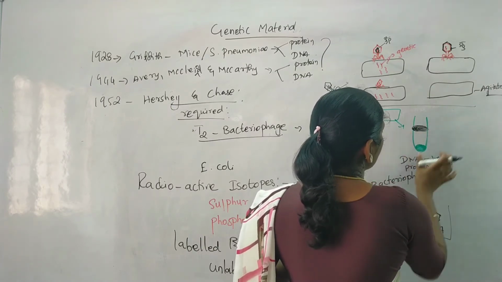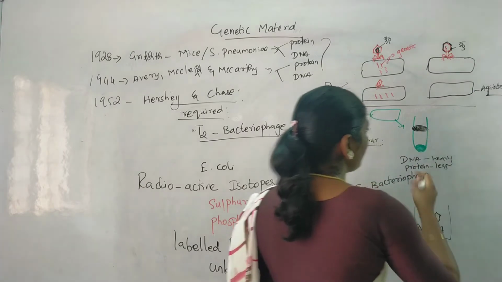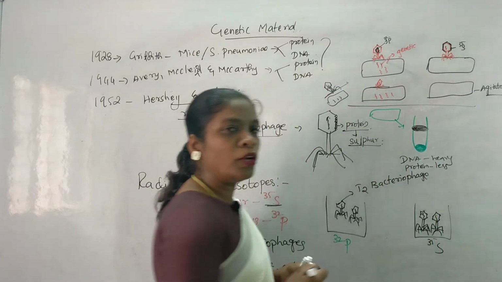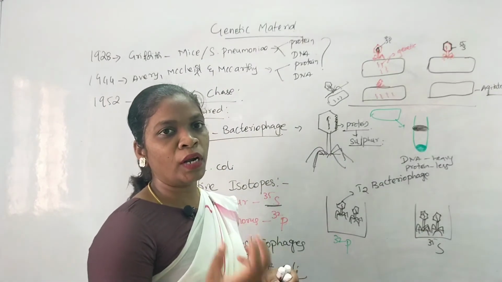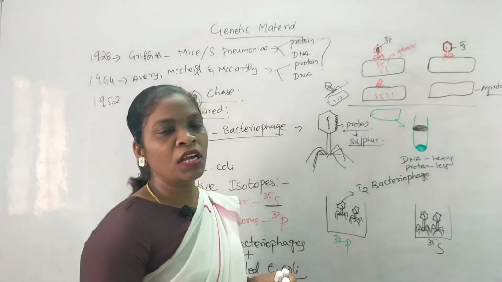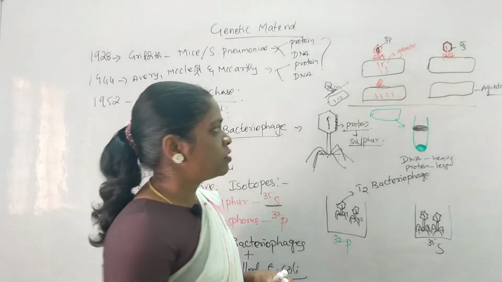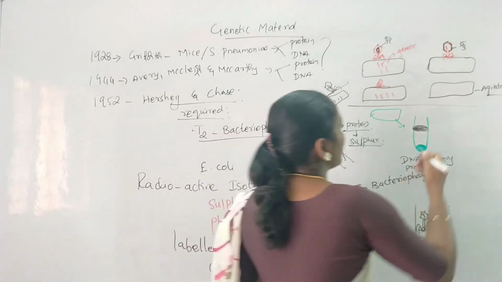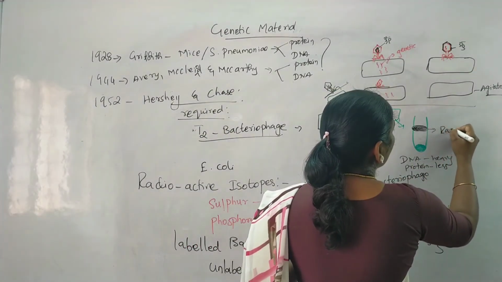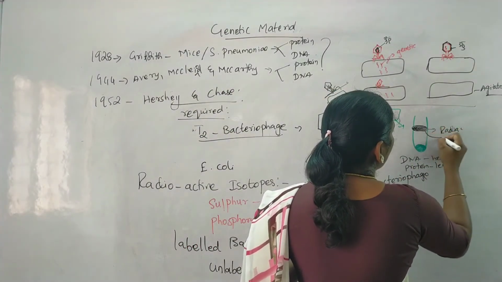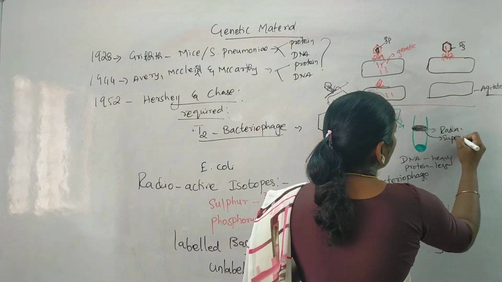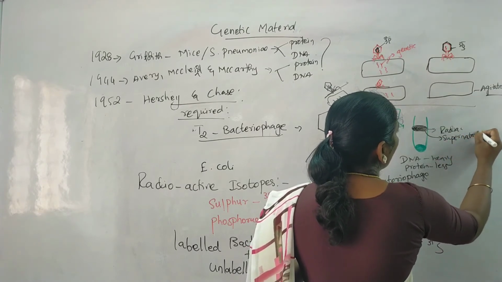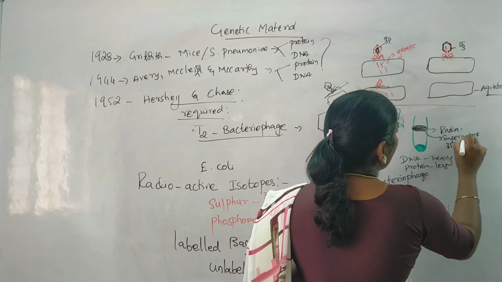All these cells and DNA will settle at the bottom, and the protein components are not heavy when compared to the cells. They stay on the upper surface as supernatant. So, when they identified this, they found the radioactivity of sulfur only present in the supernatant. So, the supernatant only has radioactivity, that is sulfur.